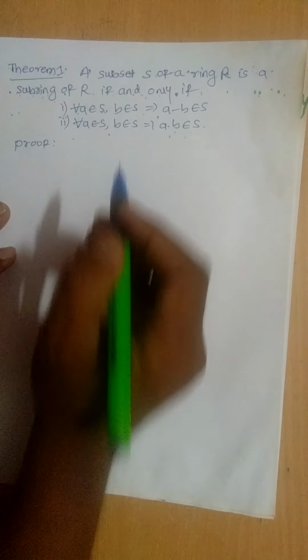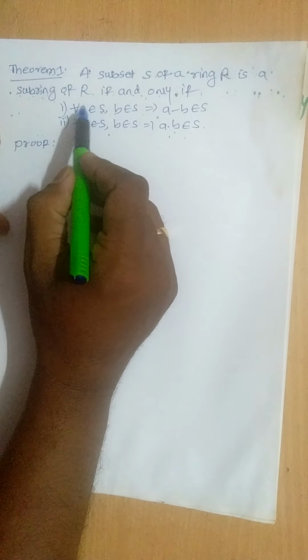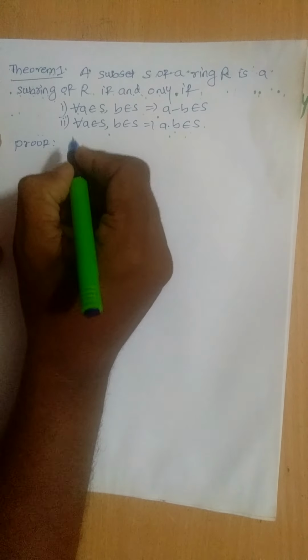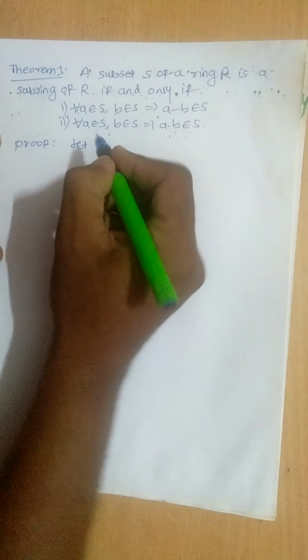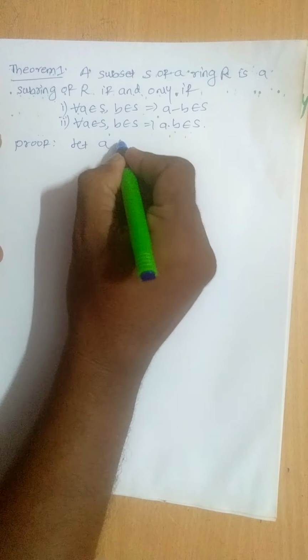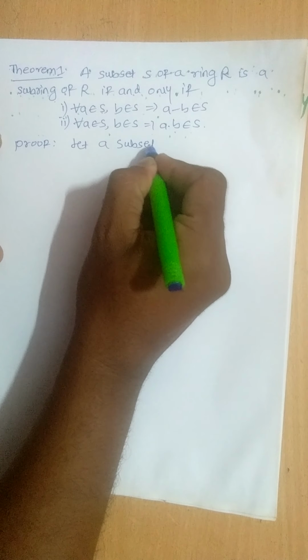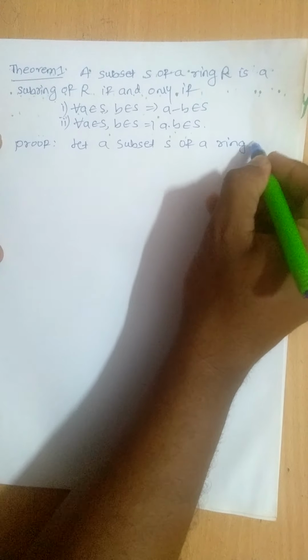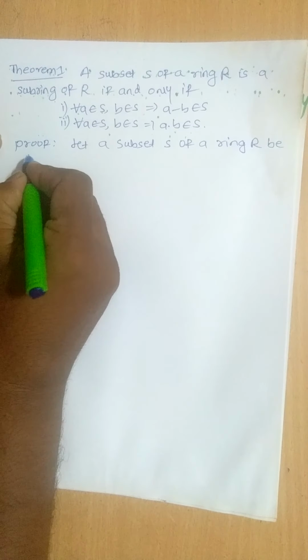Since "if and only if" is there, we prove the theorem by necessary and sufficient conditions. First we assume that the subset S of a ring R is a subring.